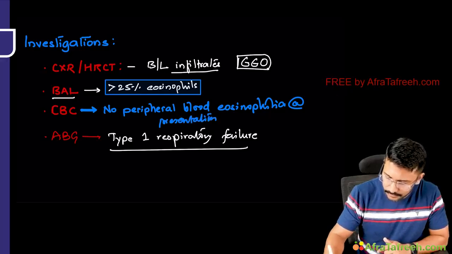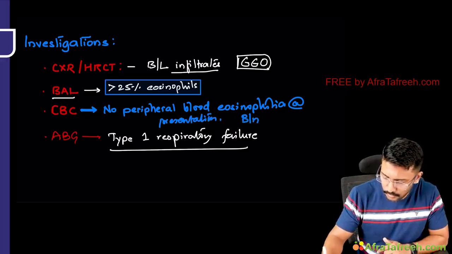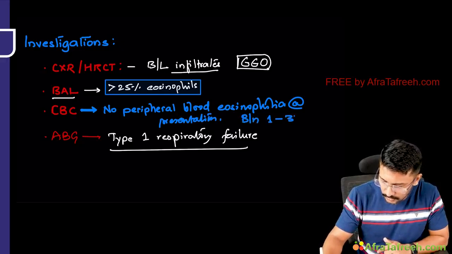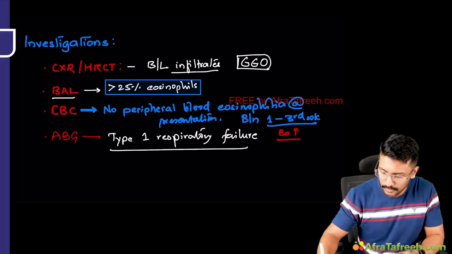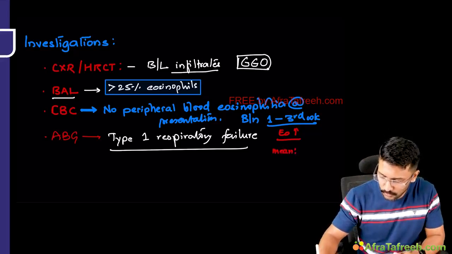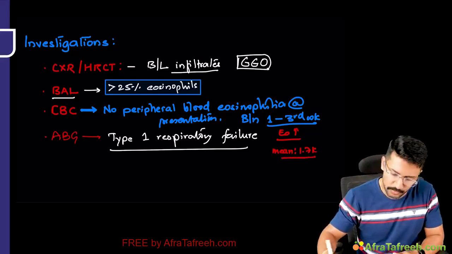Okay, but between first to third week, these patients might develop eosinophilia. So eosinophil count can start going up peripherally in the first to third week with a mean eosinophil count of around 1.7 K per cubic millimeter.